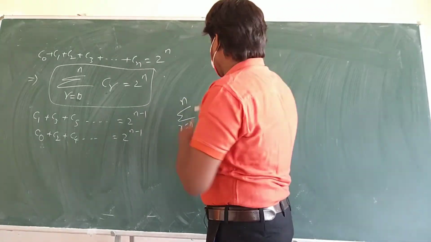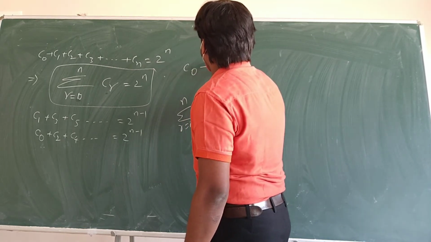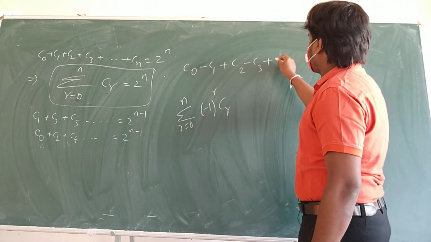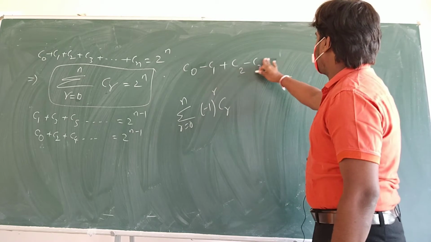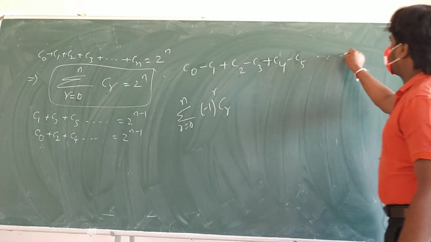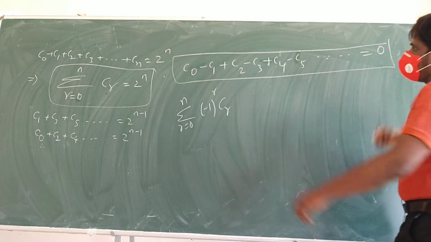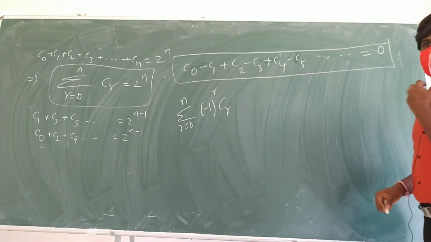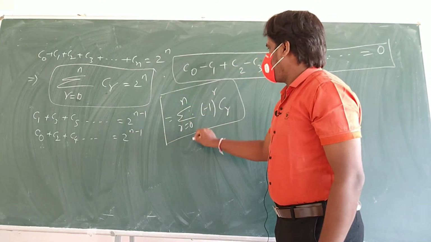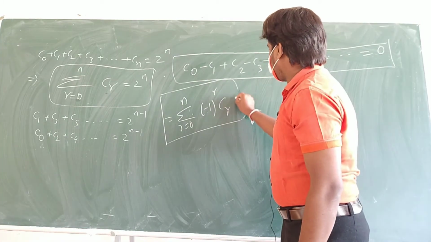We can use this for this one: C0 minus C1 + C2 minus C3 + C4 minus C5, suppose you have it like this. This value is 0. C0, C1, C2, this value is 0. So I can write this in sigma notation as sigma R equal to 0 to n of (minus 1) to the power R times CR, and this value is equal to 0.